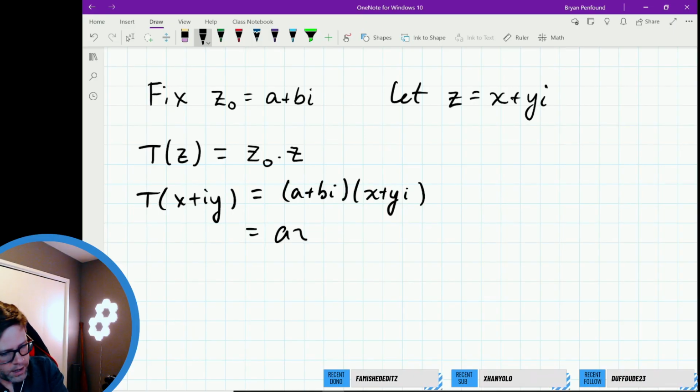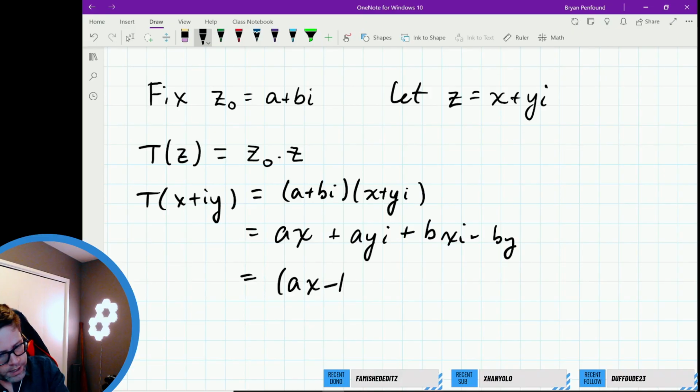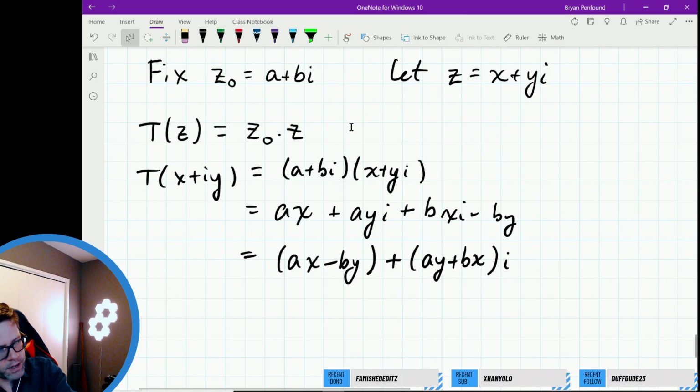That's going to give us ax plus ayi plus bxi, and then this is going to be by i squared. So it's really going to be a negative by, isn't it? So we can think about this as ax minus by plus (ay plus bx)i. If you want to think about it in terms of our basis, I'm thinking about this in terms of this basis.